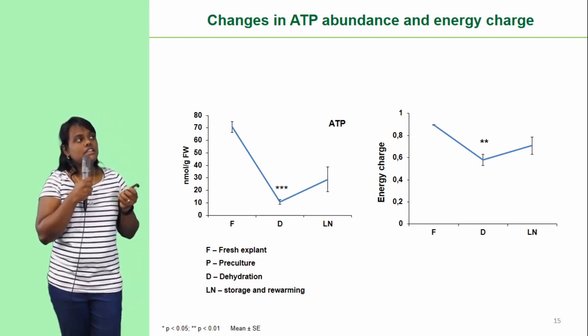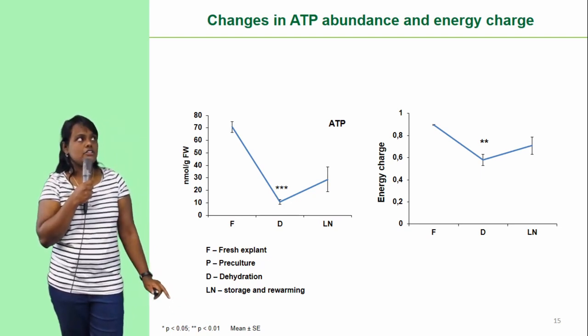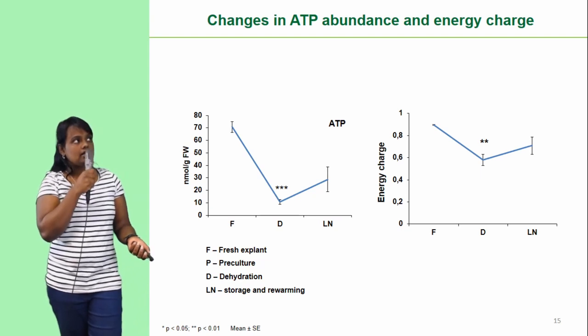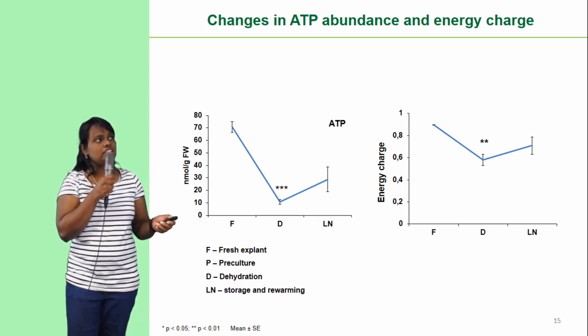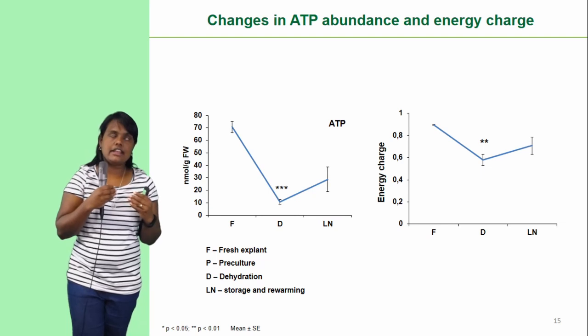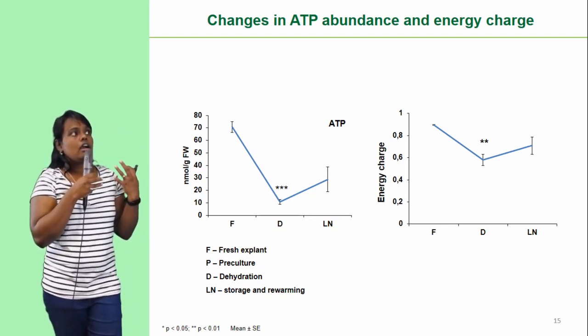When we see a decrease in the adenosine diphosphate during dehydration and an increase in adenosine monophosphate, the energy charge is calculated, and there again we see the decrease during dehydration. This decrease is significant. So we clearly know the ATP is getting lower and the energy charge is affected during dehydration.